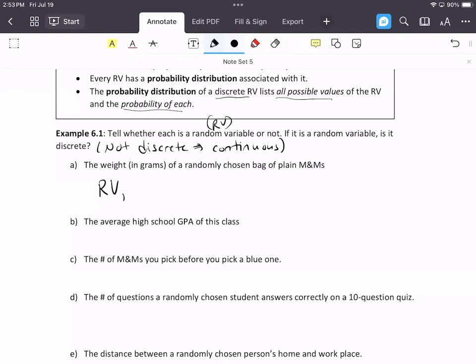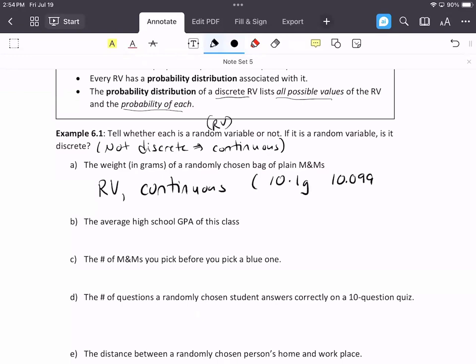So when we're talking about weight, height, and distance, we're talking about continuous random variables as a general rule. Let's say that we thought the bag weighed 10.1 grams. The scale may only go to tenths of a gram, but in reality, it could actually be 10.099 grams, and we could go further and further out.